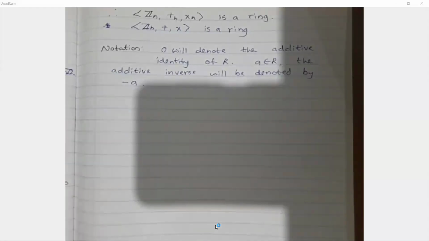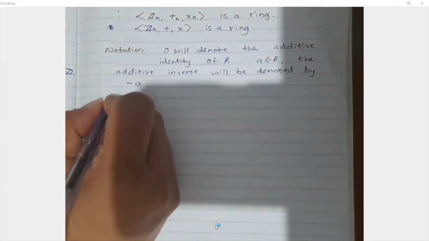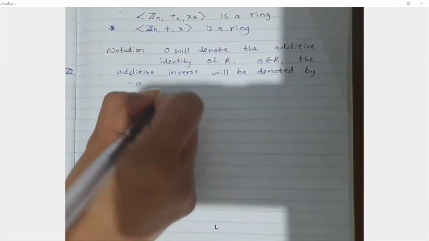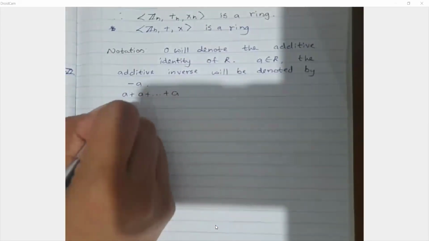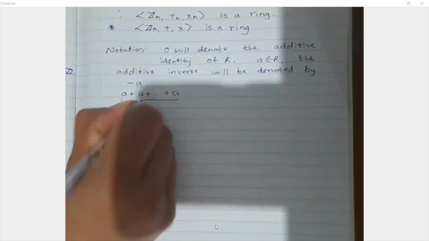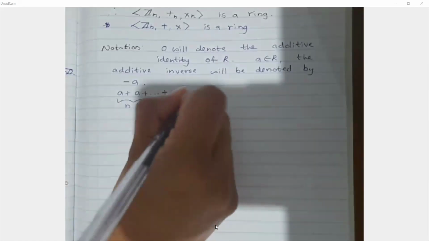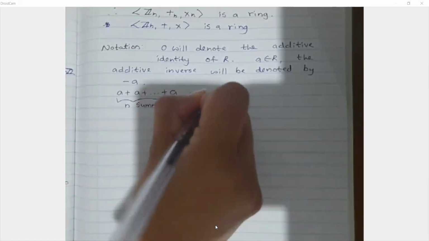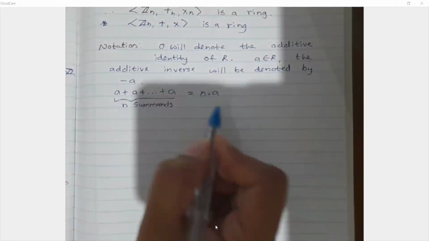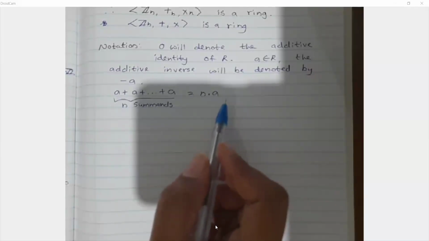And then say we add A, n times: A plus A plus A. Suppose we have n terms of A in here. In other words, n summands. We can write this as n times A. Now observe, this should not be taken as multiplication of n and A, right?